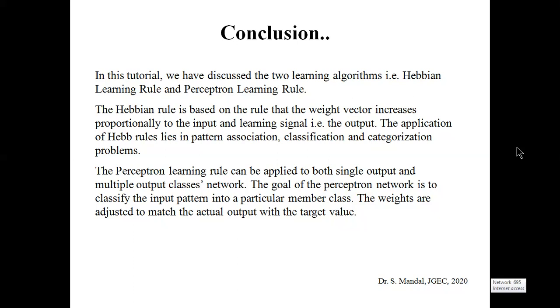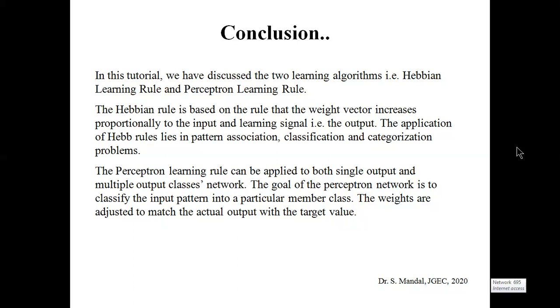The Hebbian rule is widely applicable for pattern association, pattern recognition or categorization problems. The Perceptron learning rule is applicable for both single and multiple outputs, and for classification and prediction problems. The goal of the perceptron network is to classify the input pattern into particular member classes, and the weights are adjusted to match the actual output with the target value.